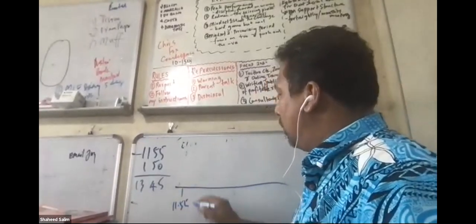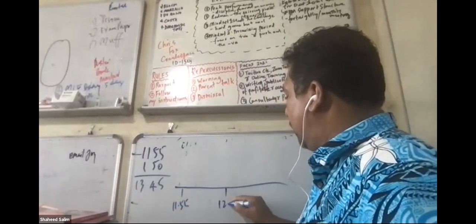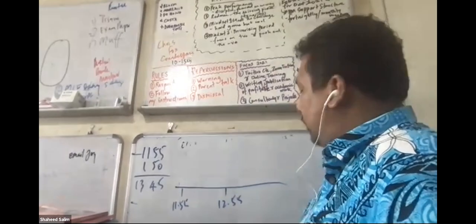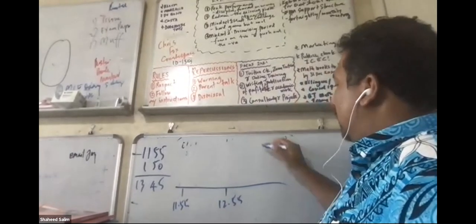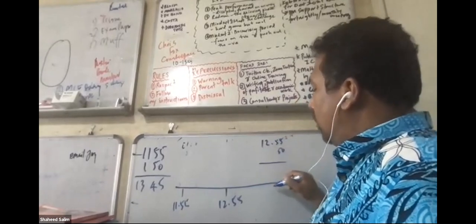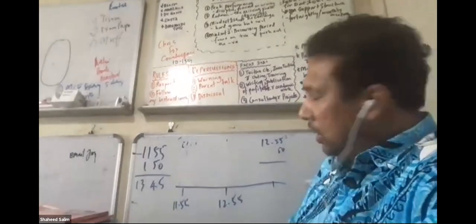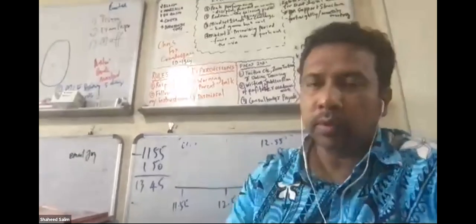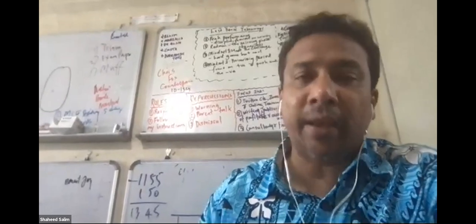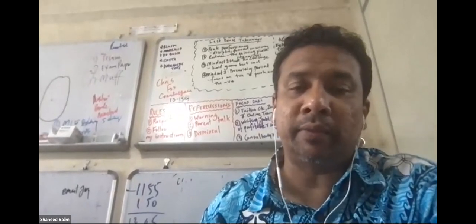You plus 1 hour to get 12:55, and then you plus another 50 minutes. Take 12:55 plus 50 minutes, and you get your answer, 1:45. Not a problem. Just find out different ways of doing it. Sometimes it's better for you to do so.